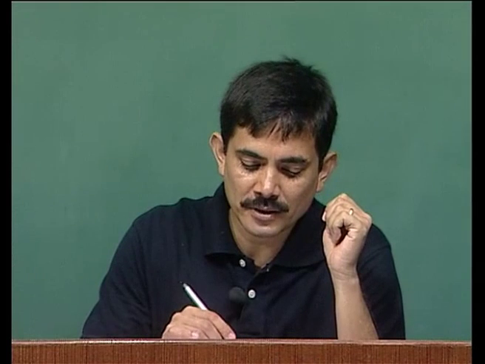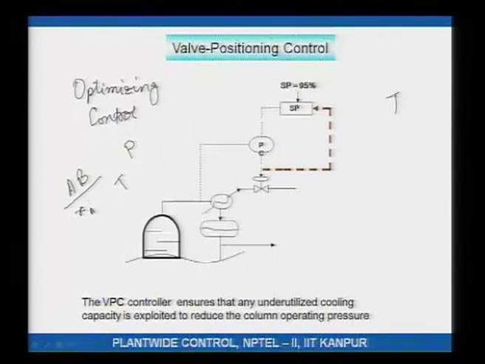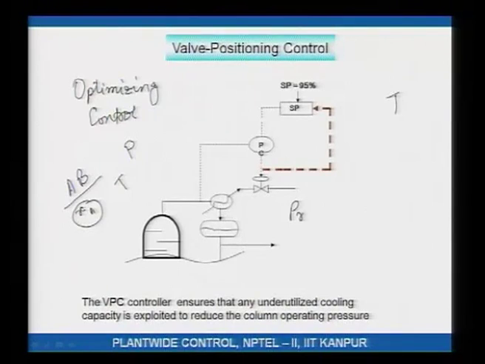But the point is, if the pressure changes, the temperature at which you will get X A composition will also change. So, in floating pressure control, if you are implementing temperature controllers, then you will have to have pressure compensated temperature set points.